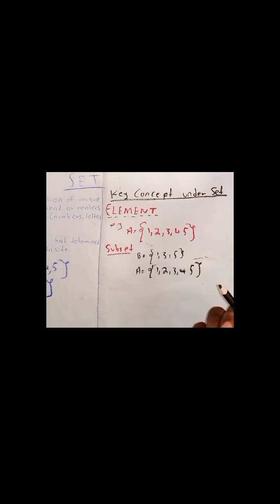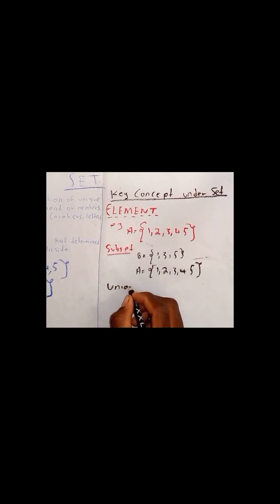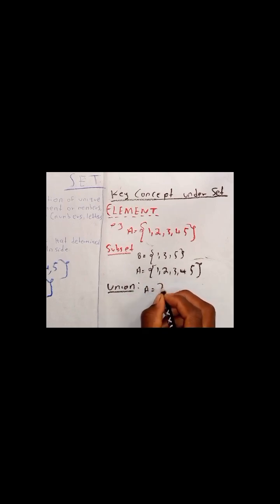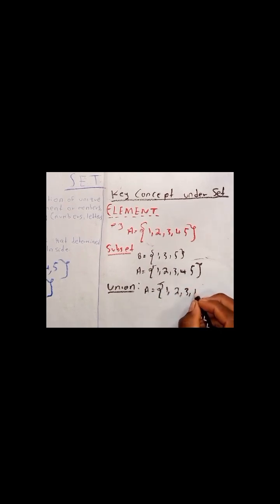Okay, let's see union. Union is simple because it's just a combination of two sets. For instance, let's have a set A with the elements 1, 2, 3, 4, and 5.